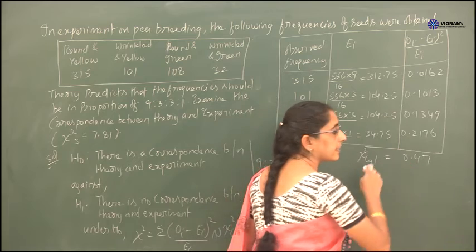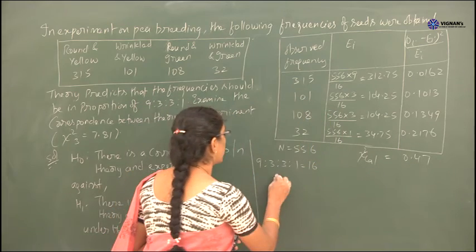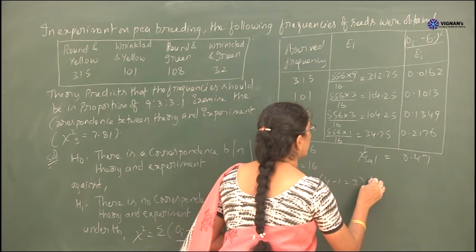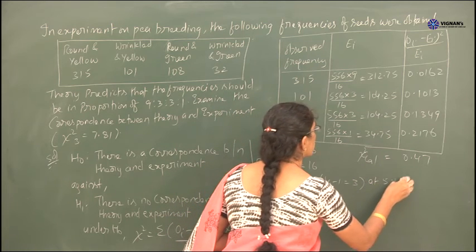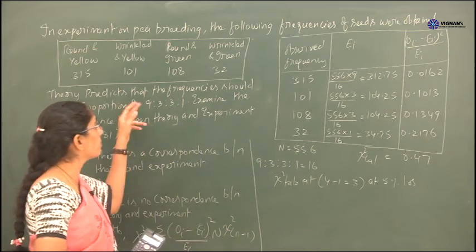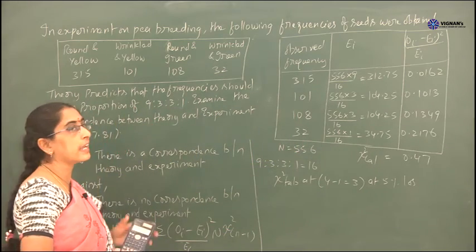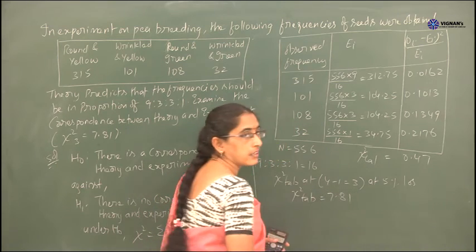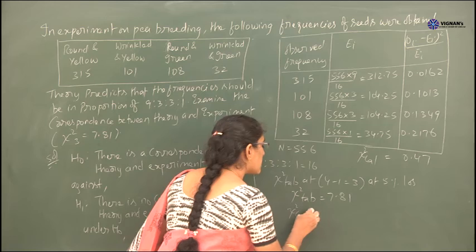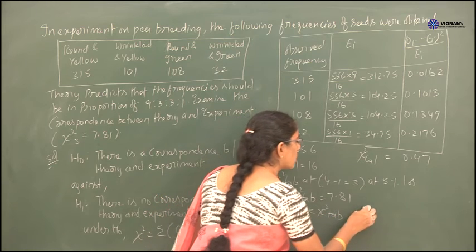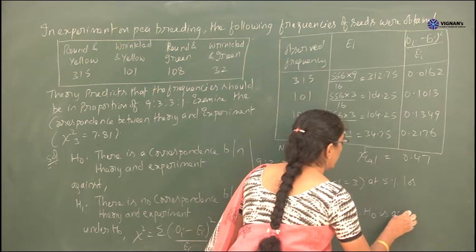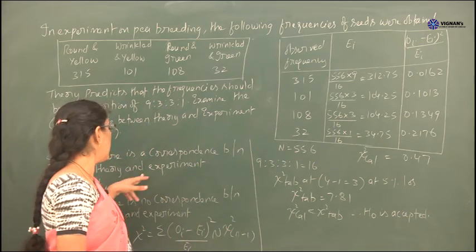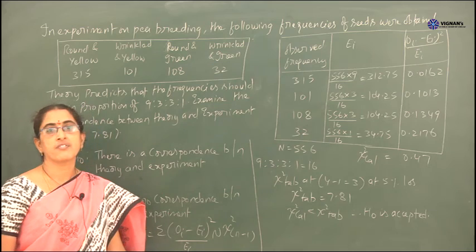Now the chi-square calculated is 0.47 and the chi-square tabulated at 4 minus 1 equal to 3 degrees of freedom at 5% level of significance, because the level of significance is not mentioned, is 7.81. So chi-square calculated is less than chi-square tabulated. Therefore H0 is accepted. H0 is accepted means there is a correspondence between the theory and experiment. So that is the conclusion for this problem.